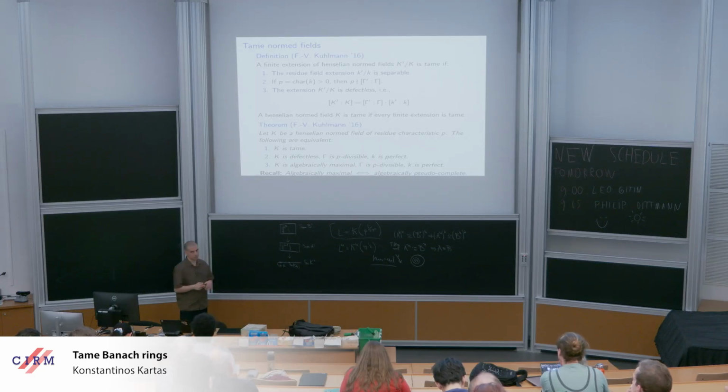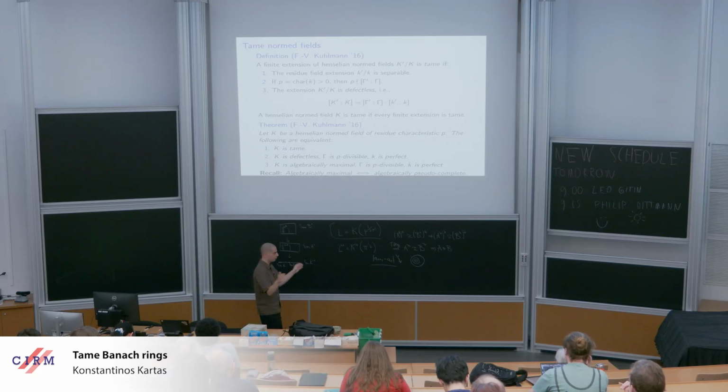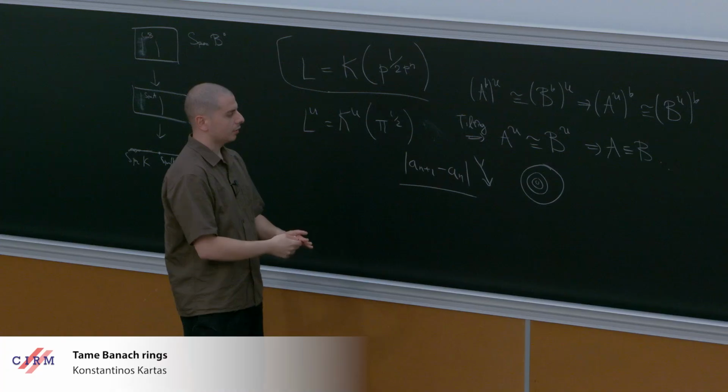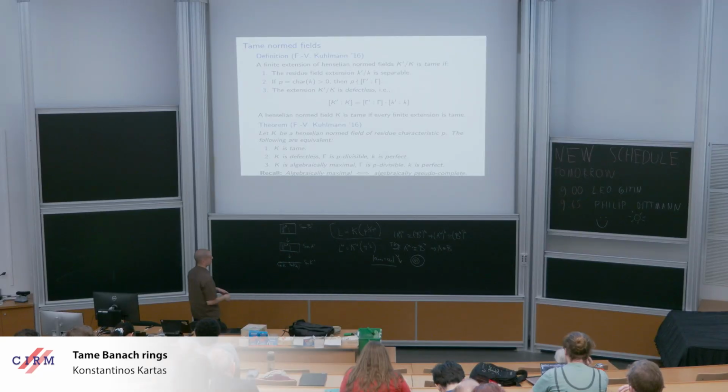It is sometimes called spherically complete. Okay, so this word algebraically here means that you do not consider all pseudo-Cauchy sequences, you do not consider all such balls, but only those for which the centers satisfy some algebraic condition. It's not really that important, so you can think of spherical completeness if you prefer for the entire talk.